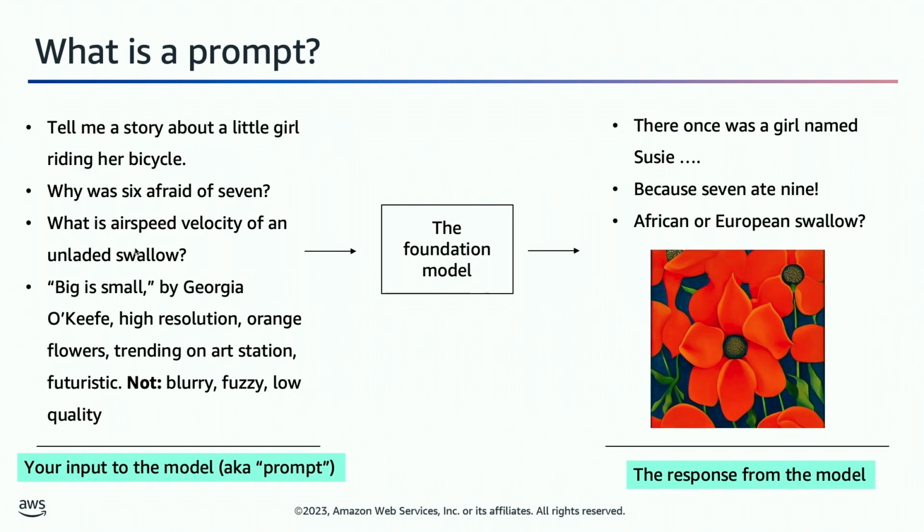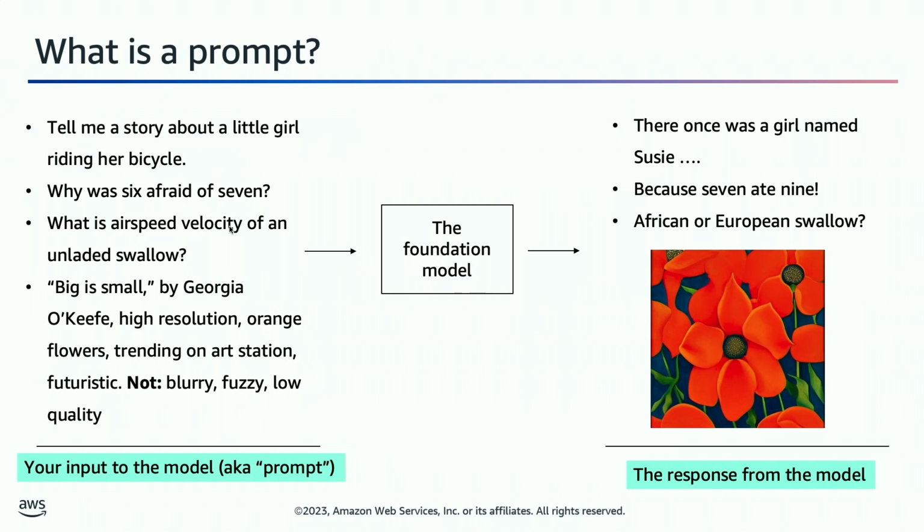You could ask it, what is the airspeed velocity of an unladen swallow, if you're going for the Monty Python reference. And then if it's a clever model, it'll ask you African or European swallow, but it may just not get the Monty Python reference. Or you could send it to a vision model, say Big is Small by Georgia O'Keeffe, and then you'll get a response. So in any case, your prompt is all of these things.